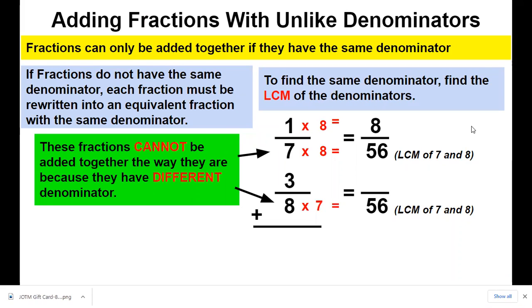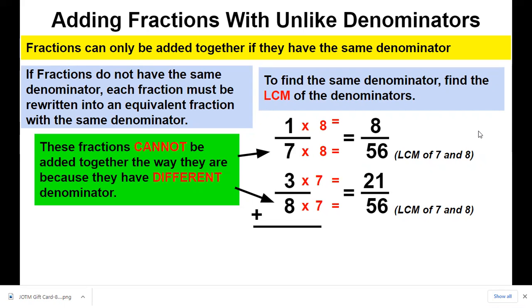So whatever I times the bottom by, I also times the top number by. So my 3 here is going to be times 7. So 3 times 7 is 21. I've just rewritten 3/8 as an equivalent fraction of 21 over 56.